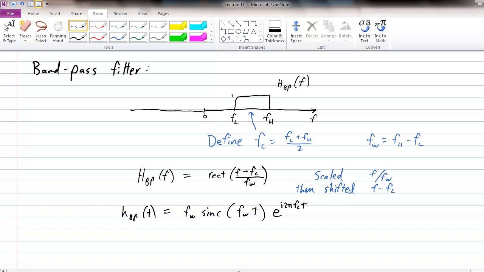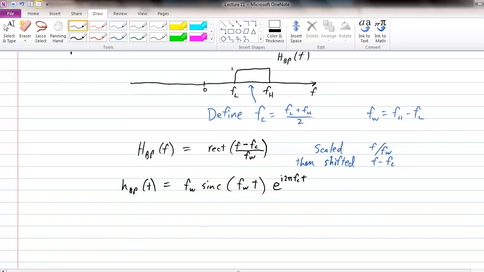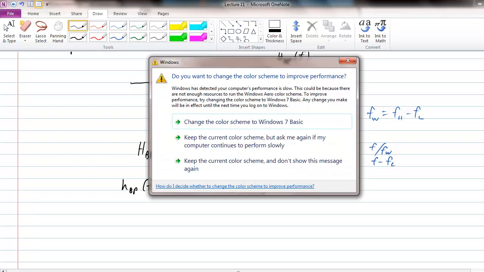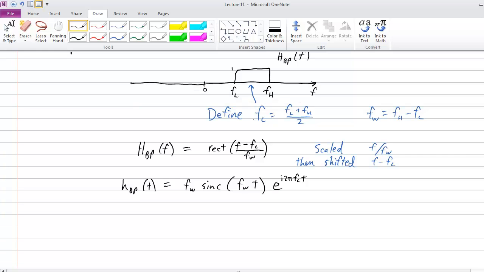Good. Okay. So what does this look like? Well, I can't really plot it because it's complex. But it's just a sinc multiplied by this thing here. Okay, by a complex exponential.